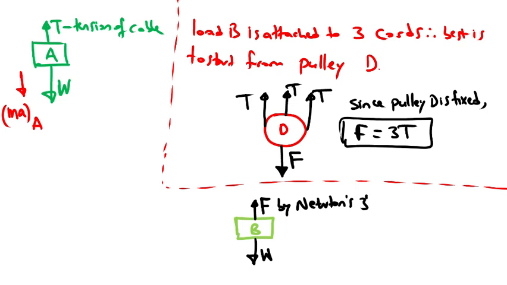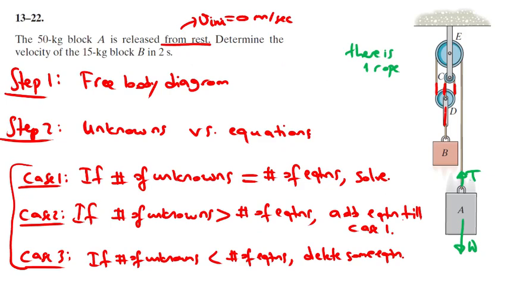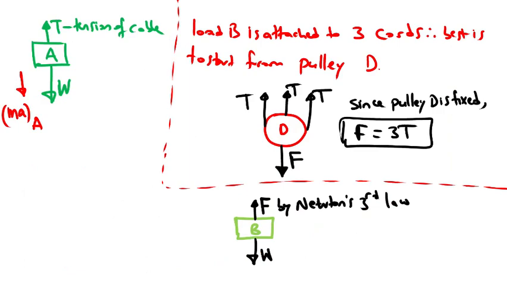The force here and that one will be F. And then again we will have the acceleration downward, that will be m a of B. These are the free body diagrams.